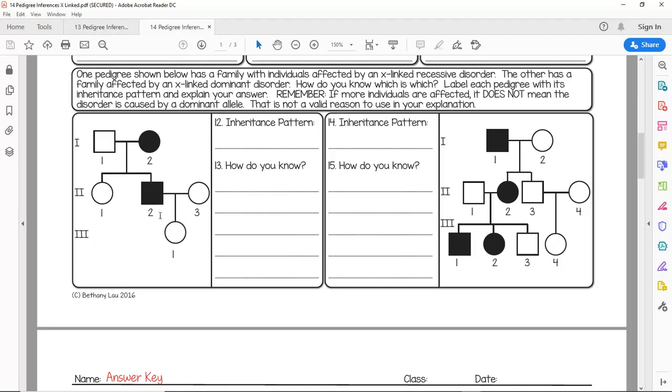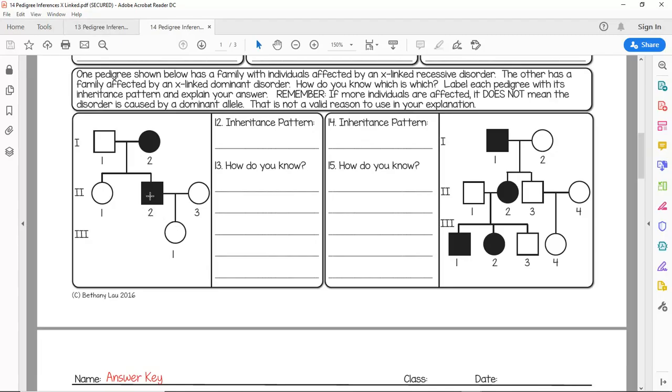So let's take a look here. If he's affected, that would be X, lowercase r, Y, and we don't care what the mother is as long as she has a dominant gene. She could be heterozygous or homozygous dominant. Here, she is going to be heterozygous. So dominant gene, recessive gene, heterozygous.